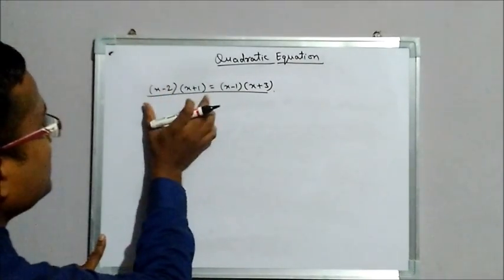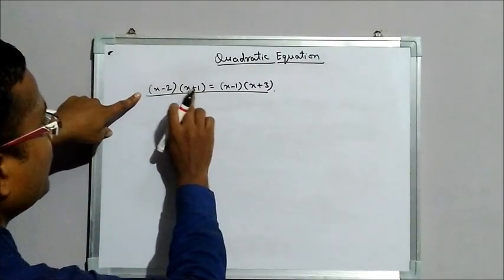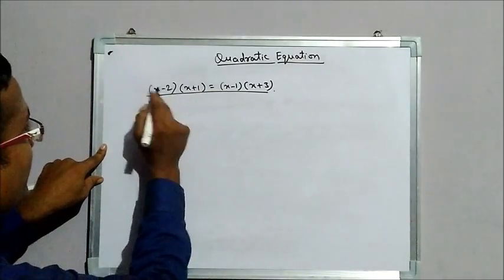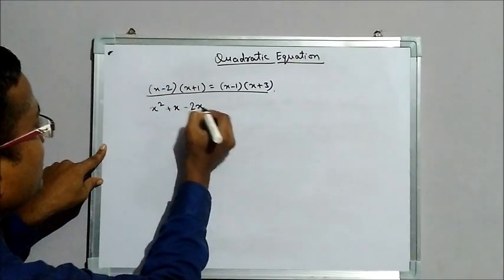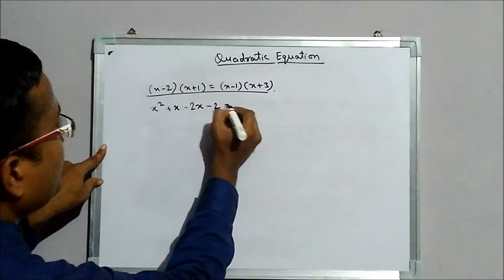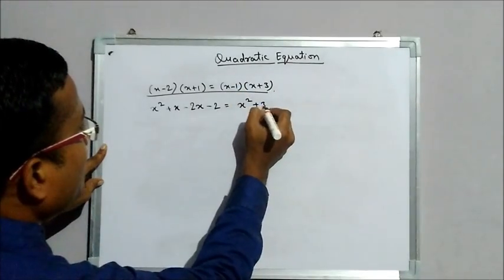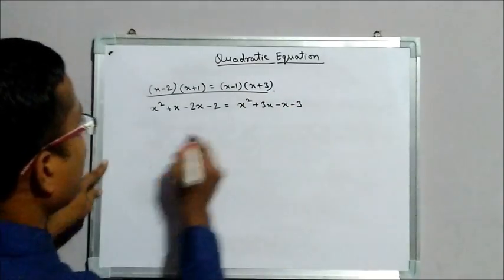Expanding this whole expression, multiplying x − 2 with the whole bracket x + 1: x² + x − 2x − 2 = x² + 3x − x − 3.